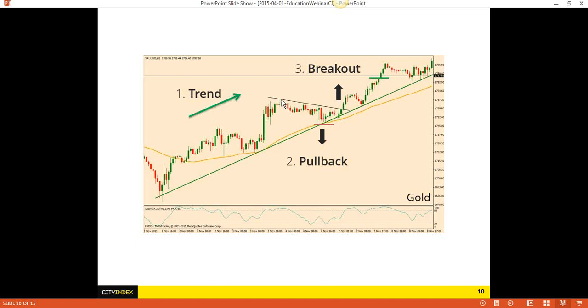Could I have waited till the breakout above this last high? Absolutely, yes, I could have. It would have gotten me in later. It would have still worked, but it would have given me a worse risk management profile. Because if I got in up here, the equivalent of this high up here, and my stop loss was all the way down here, that's a larger stop loss.